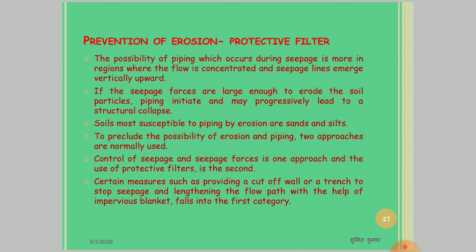To prevent the possibility of erosion and piping, two approaches are normally used. Control of seepage and seepage forces is one approach, and the use of protective filters is the second. Certain measures, such as providing a cutoff wall or a trench to stop seepage and lengthening the flow path with the help of an impervious blanket, fall into the first category.